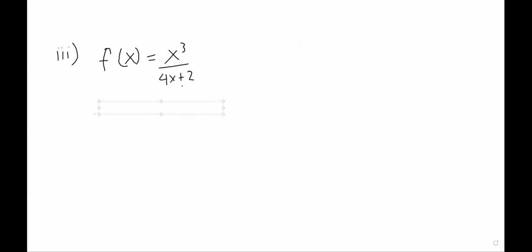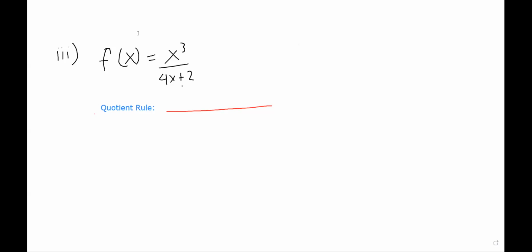So quotient rule. I think we should all know this by now though.